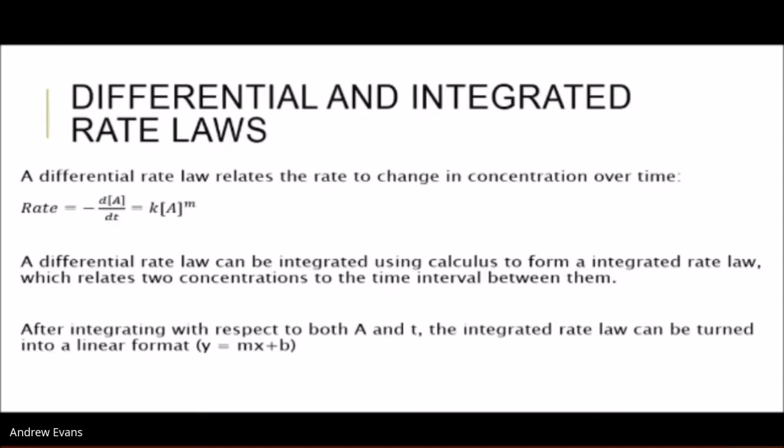So when we integrate this, we're going to put this into a standard line graph format where y equals mx plus b, where y is going to be our concentration, m is our slope, which is going to be related to our k, x is our time, and b is our initial concentration.